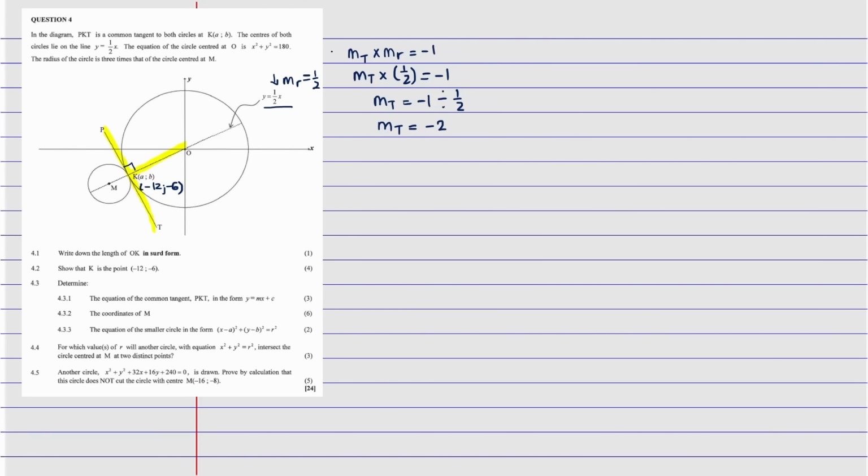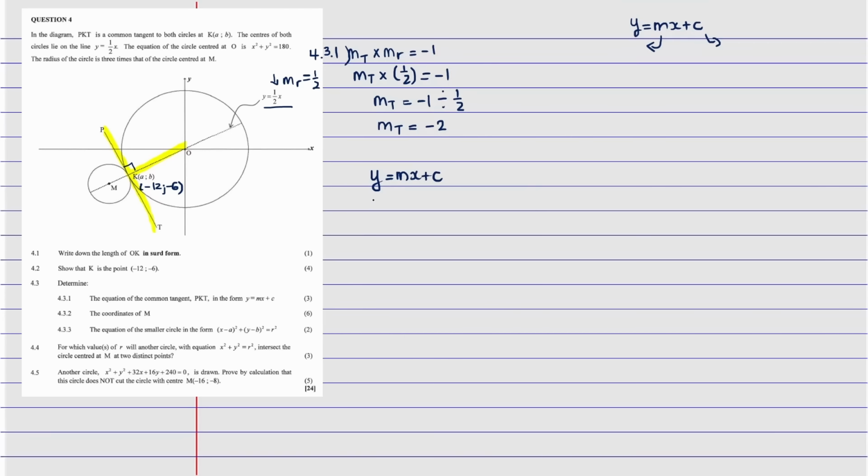The reason why we're doing this, for 4.3.1, is that the equation of the tangent is y equals mx plus c. We need the gradient, which we just found, and we need c. With c, we need just a set of coordinates, which is nice because we already calculated K. So y is equal to mx plus c.